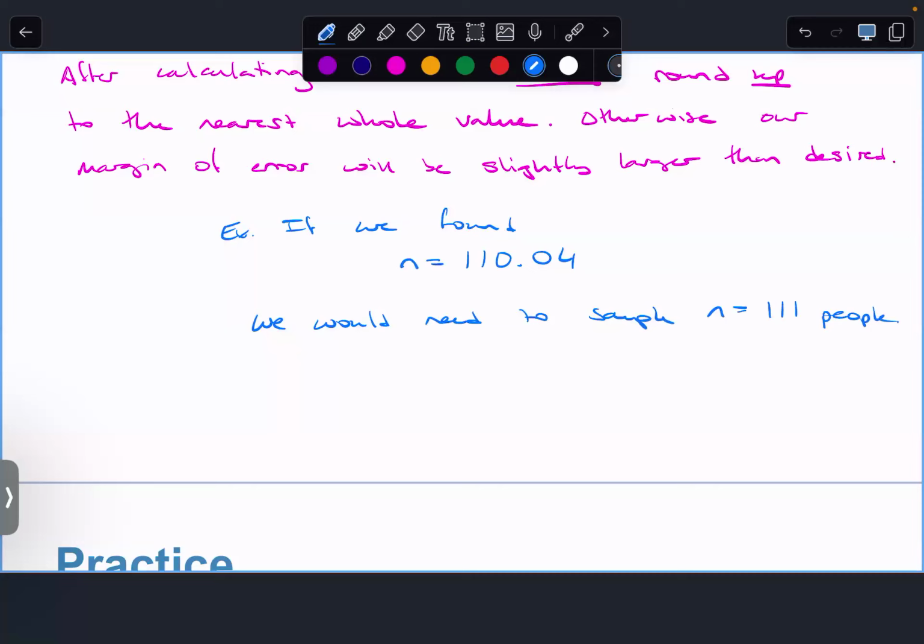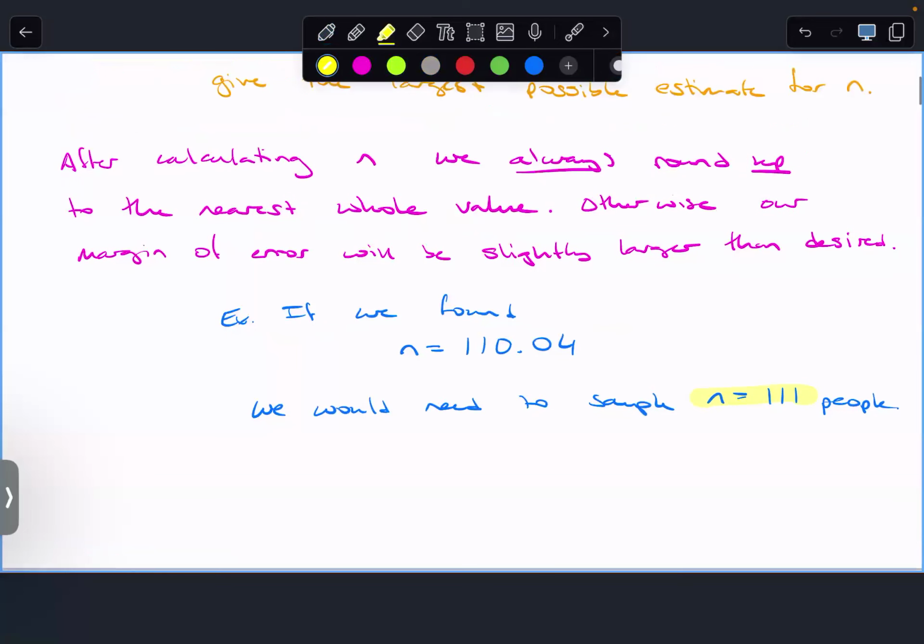And if I went down, even though proper rounding says 110, and I calculated my margin of error, it'd be slightly larger than what I wanted. So we always round up for n.